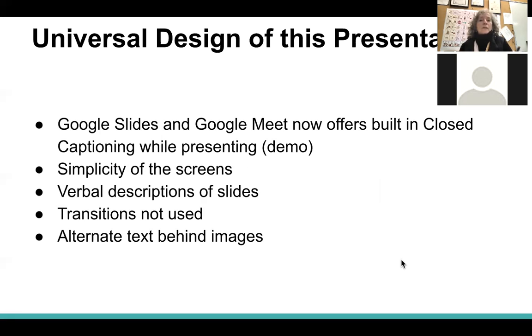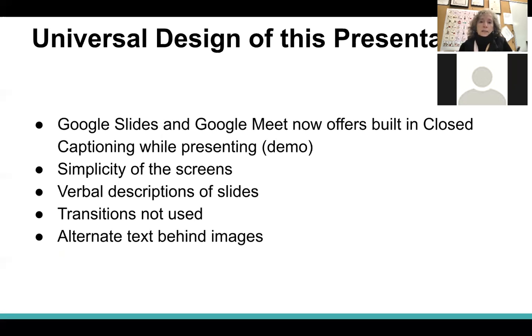I always like to review how I develop my presentations with a UDL mindset. Google Slides and Google Meet now offer built-in closed captioning. I am presenting through Zoom, which now also has live transcripts, which is closed captioning. So that's what you see at the bottom of your screen.